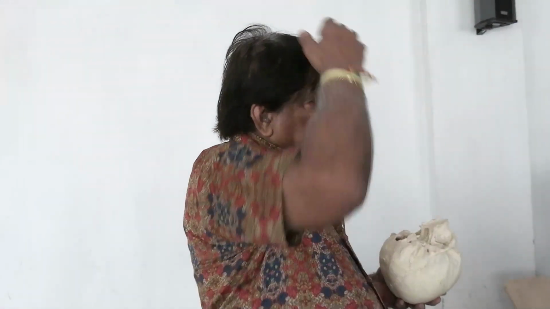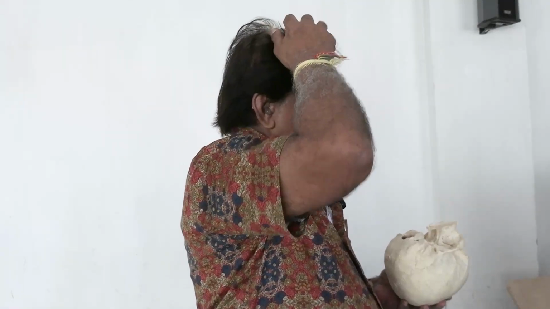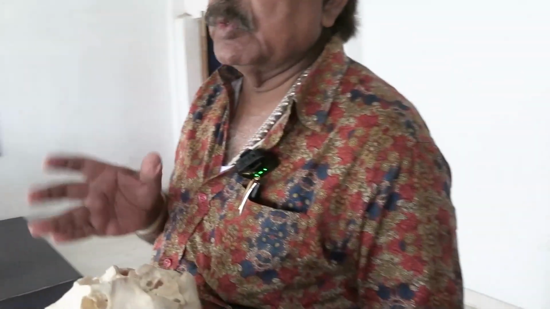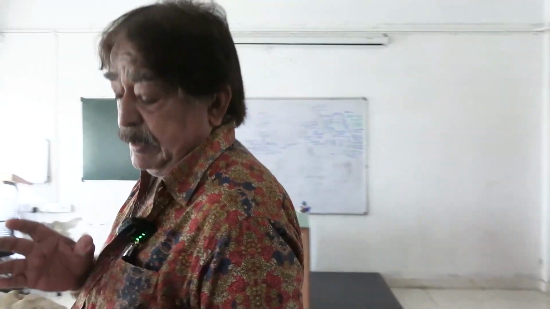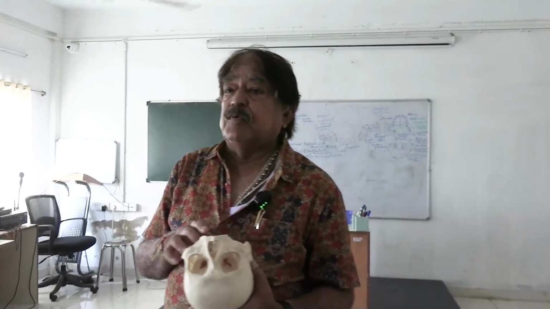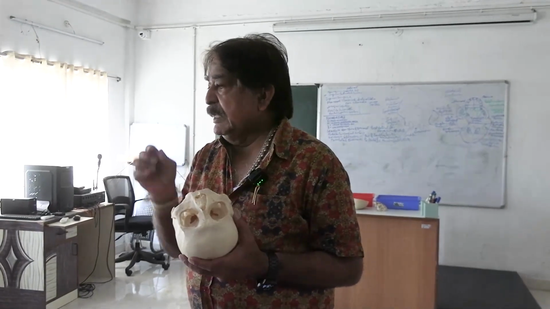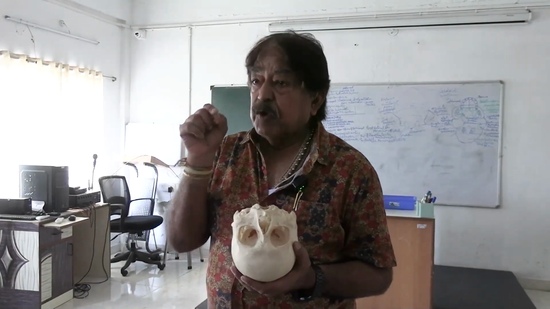The structures passing through these are many, and they won't ask you all of them. Even in long questions, it usually doesn't come. But the main things are the foramen magnum, jugular foramen, foramen ovale and foramen spinosum. These are the components that have to be focused on.